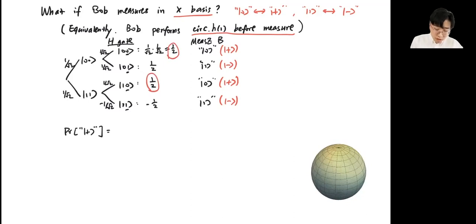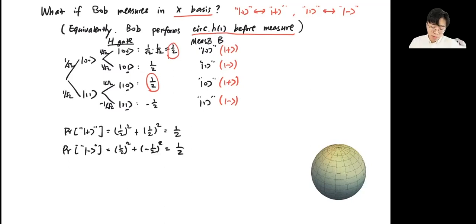So that corresponds to the square of the coefficients, summed over all the possible outcomes, which is also 1/2. And the probability for Bob to measure minus is the same thing, with half probability.